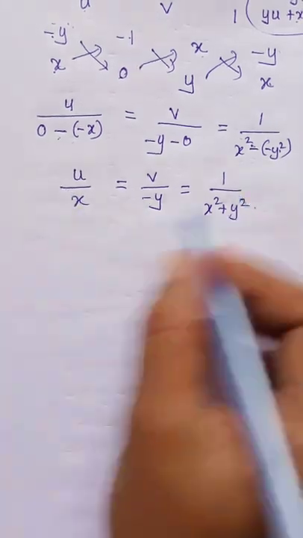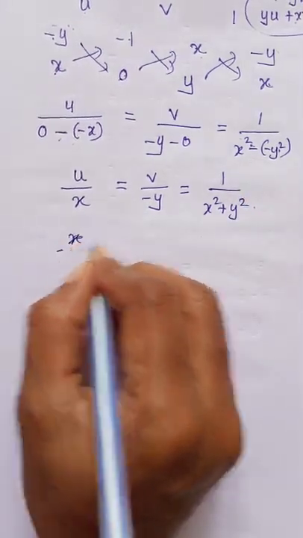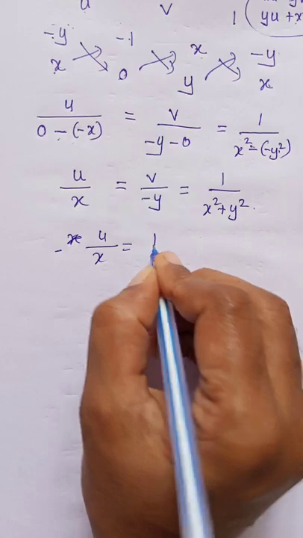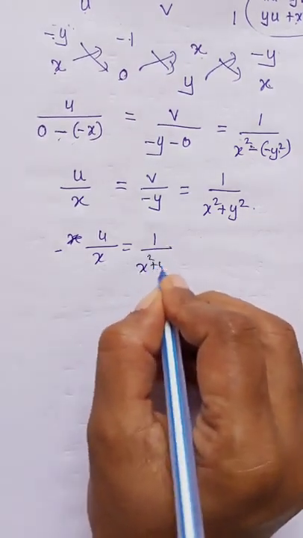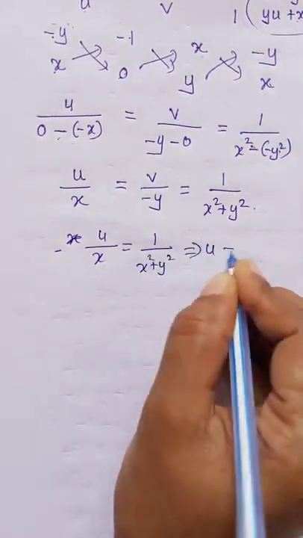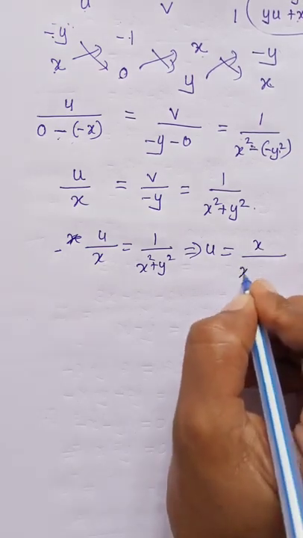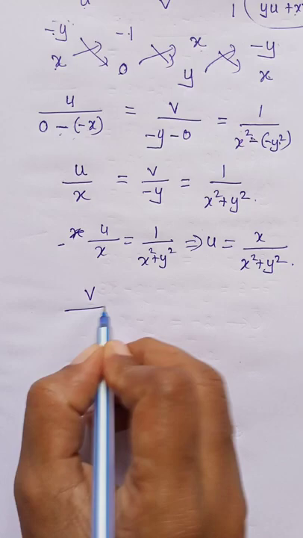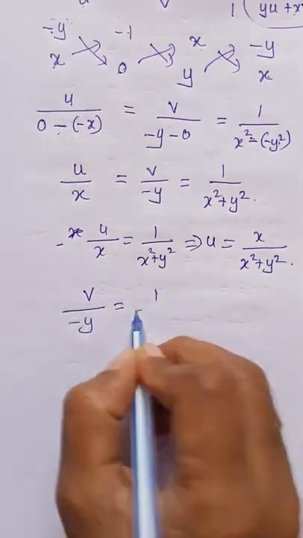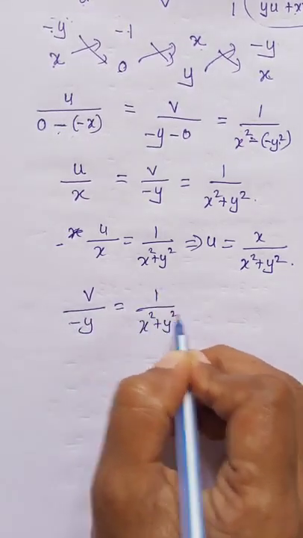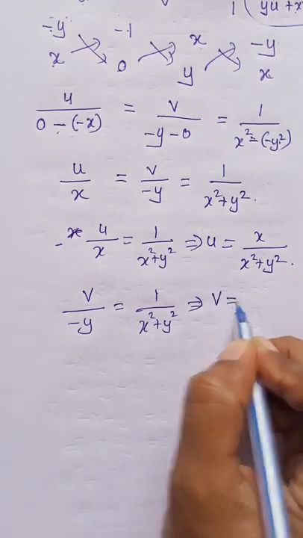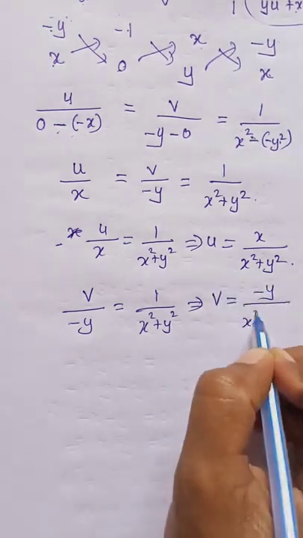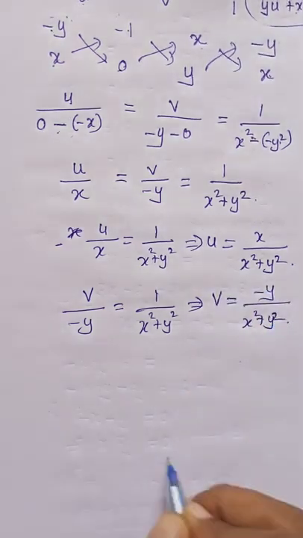Now shall we equate with the constant term? u by x is equal to 1 by x square plus y square, implies u is equal to x divided by x square plus y square. The same way, v by minus y is equal to 1 by x square plus y square, implies v is equal to minus y by x square plus y square.